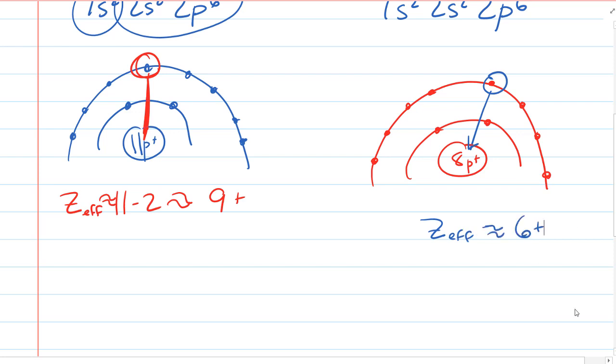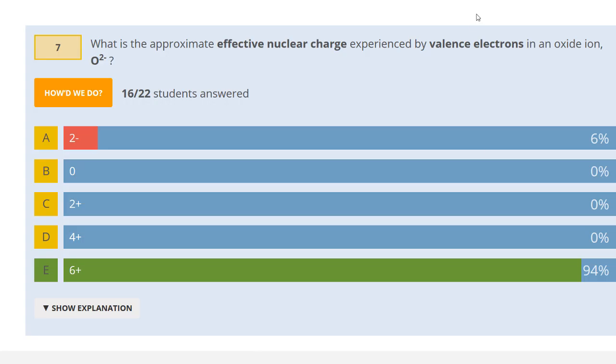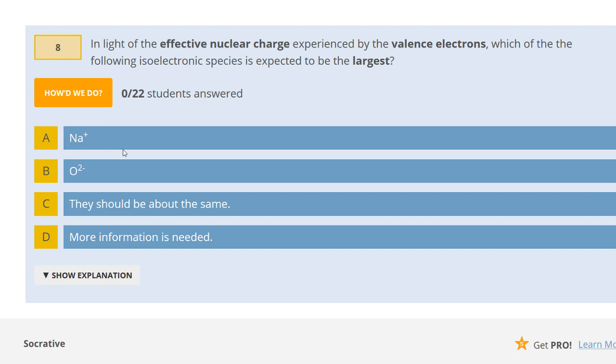Now, this will help you make a conclusion as to what this means about the radius. If we now wanted to compare the size of a sodium ion, looking at what you just drew, reason this out. What should this imply about the size of the sodium ion and the oxide ion?